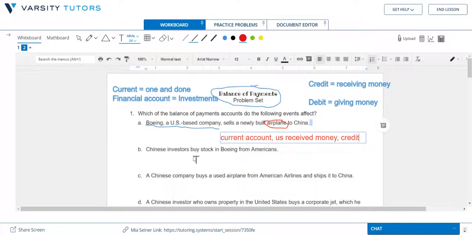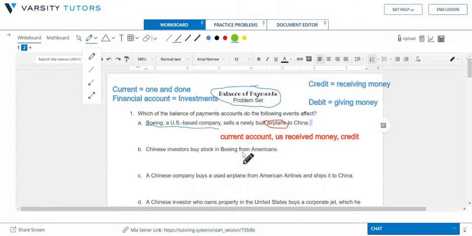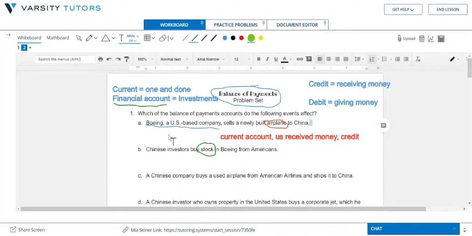A Chinese investor. So investor is kind of the giveaway here. I'll use green to try to demarcate that this is a financial account thing. The stock is kind of what gave it away as being a financial account related thing. So if the Chinese investor bought stock in Boeing, the Chinese financial account was debited, the Chinese account paid it.